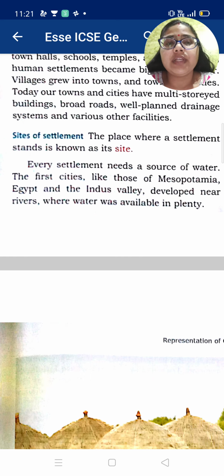If you take the example of Indus Valley civilization, which was built near the Indus river. You can take the example of Mesopotamian civilization, then Egyptian civilization, Chinese civilization. All these civilizations started near the rivers because they had availability of water, which was used for irrigation purposes, for drinking purposes, and so many other uses.